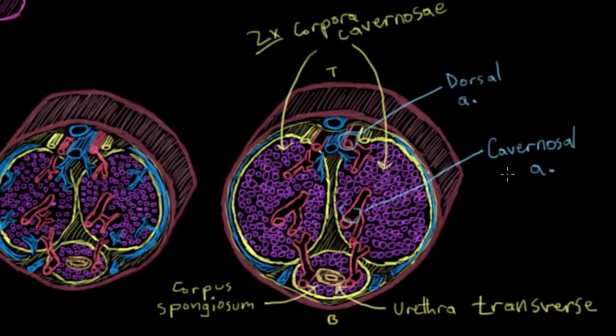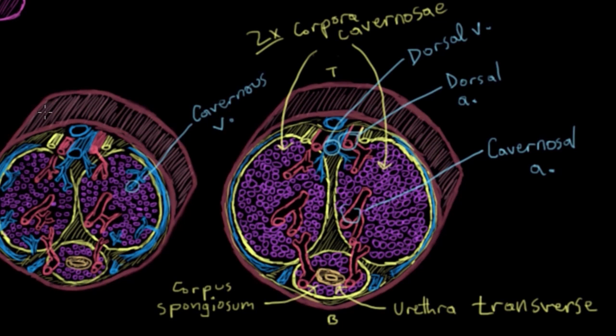And these lacunar spaces run the entire length of these vascular chambers. So there are a lot of spaces there for blood to leak out into, and that's what causes the penis to get engorged. And blood is normally drained out of these chambers by veins with the same name, so dorsal veins and cavernous veins. But under normal conditions, i.e.